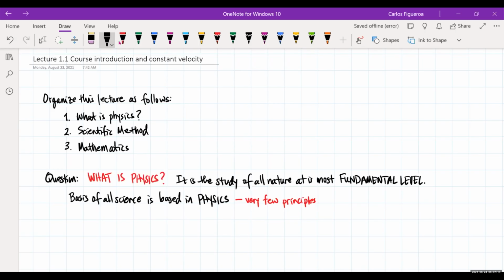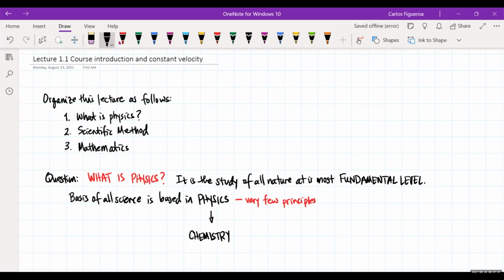What I would say here is that the next most basic science has to be chemistry. And you might say, why is physics more basic than chemistry?